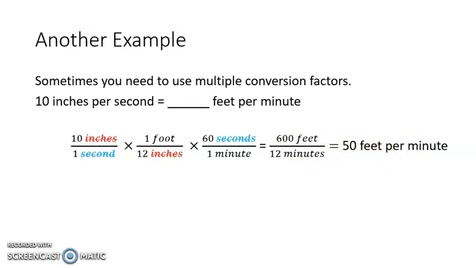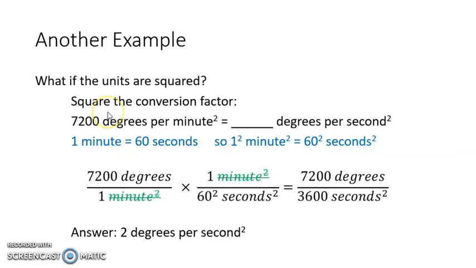Now I have one last example. In this example, I'm going to give you a unit that is squared. So if the units are squared, you need to square your conversion factor. For example, I have 7,200 degrees per minute squared, and I want to know how many degrees per second squared that actually is.